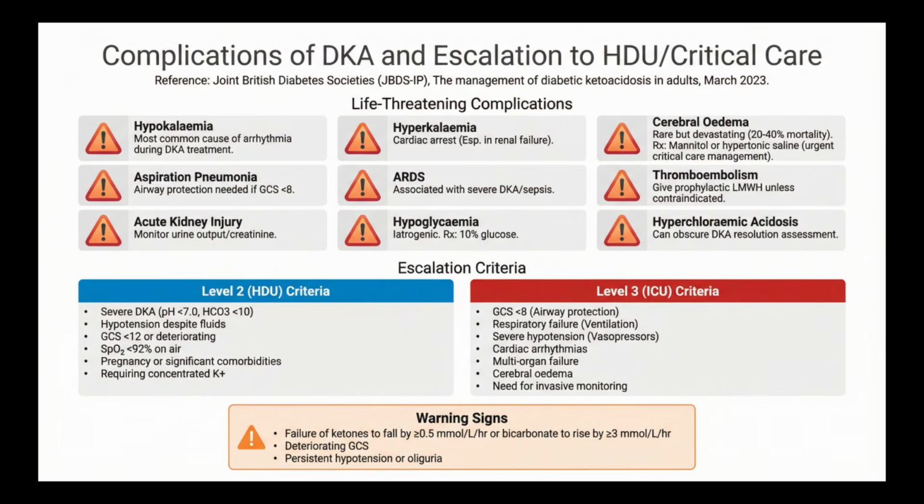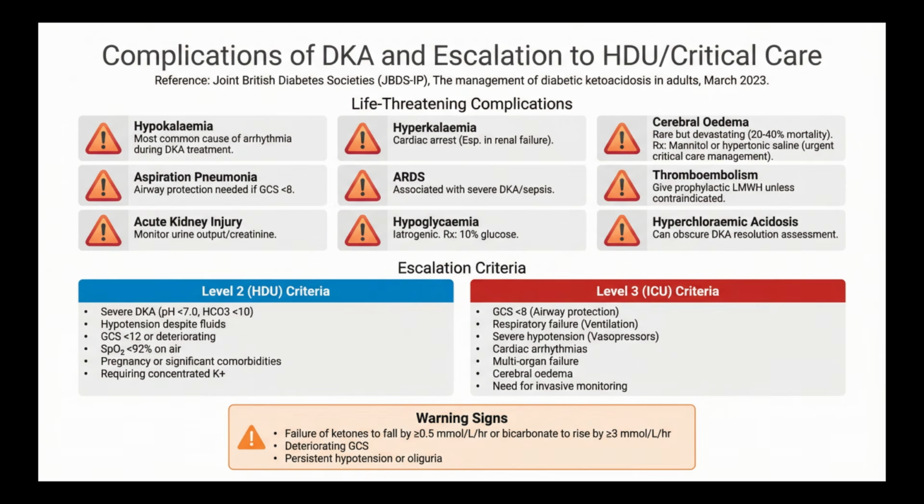When to escalate. Level 2 care, HDU. Patients require HDU if there is severe DKA, persistent hypotension despite fluids, a falling or low GCS, oxygen saturation below 92% on air, pregnancy, significant comorbidities, or the need for concentrated potassium infusion.